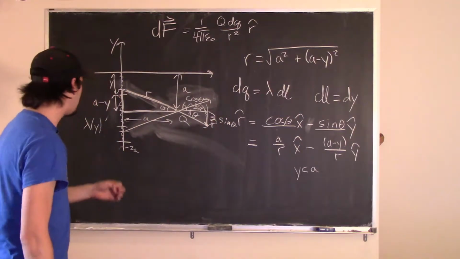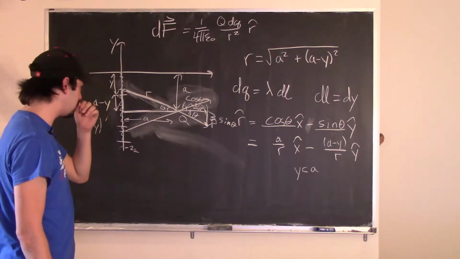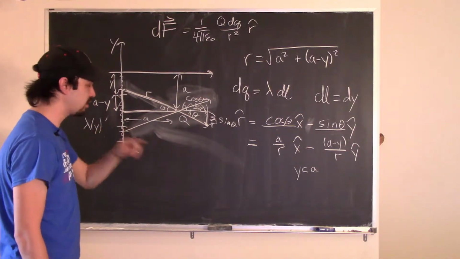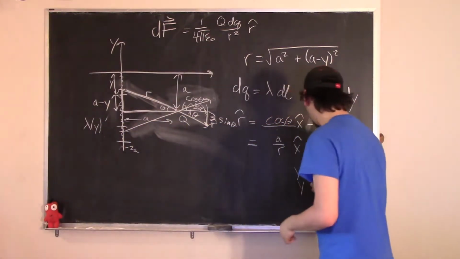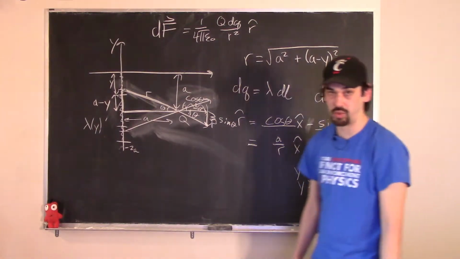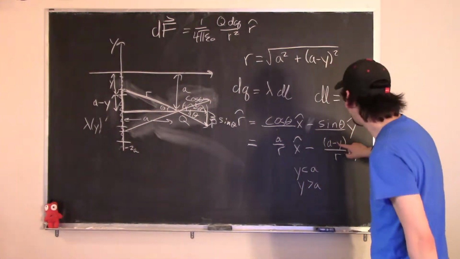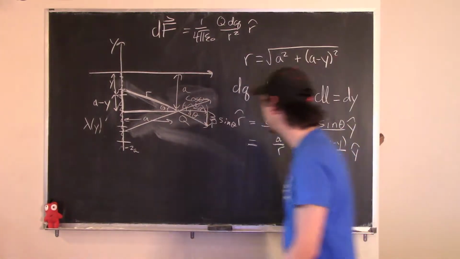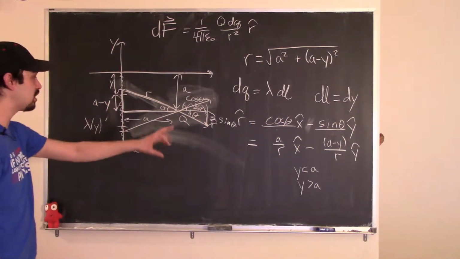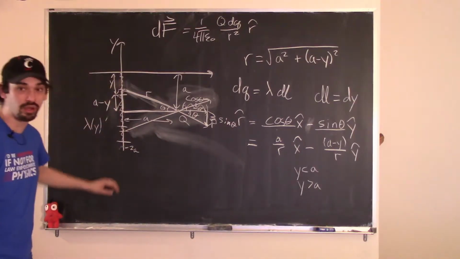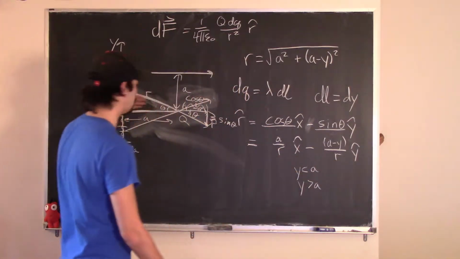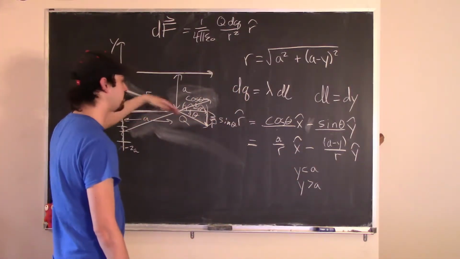But if y is larger than a in magnitude, that means that a minus y is going to be negative. And so what that means is I get a negative times a negative, and that makes this up here going to be positive. Okay? So we can see that for the entire range of values that we have here, this equation is actually going to give us the behavior that we want for the unit vector.